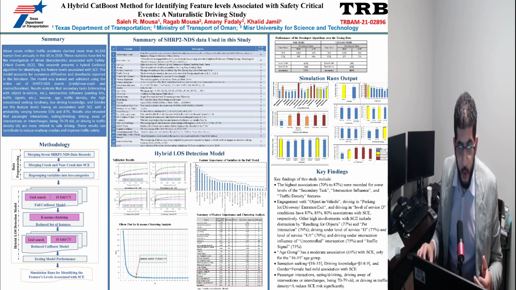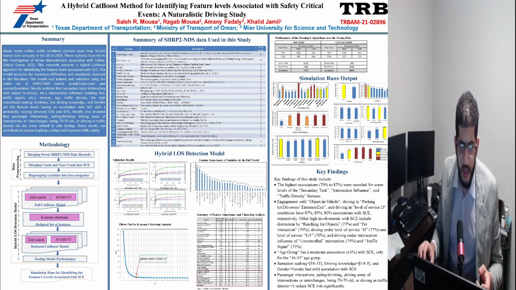Other high involvement in safety critical events includes reaching for objects, which was 77, pet interaction 70, and driving under level of service D, which had 77. Actually, I think this is a typo, because level of service D was listed earlier.